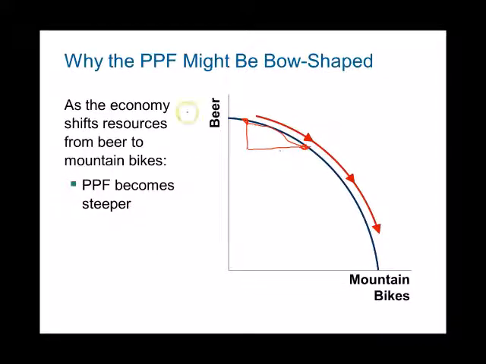But as we keep focusing the economy on more mountain bikes, after some point our best beer craftsmen will leave beer production and join mountain bike production. So we're going to have to give up that much beer production and get only a little bit of mountain bikes.